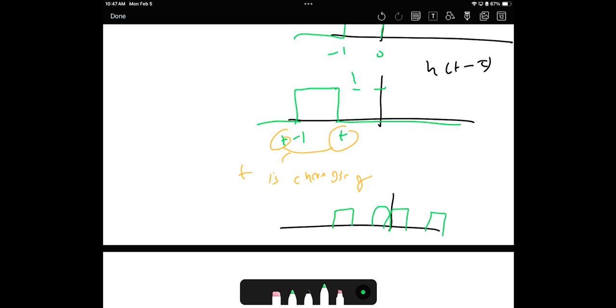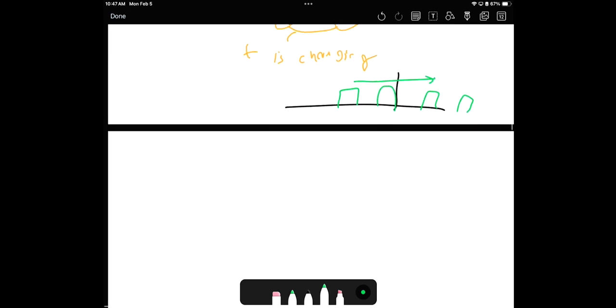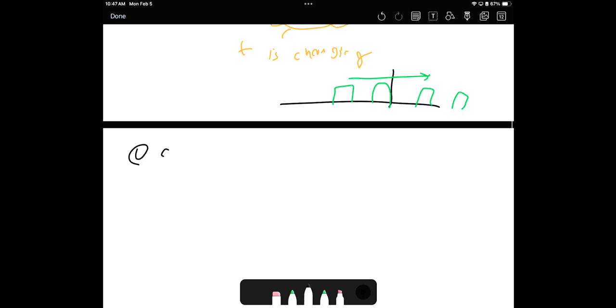It will keep moving, the same thing I showed you in the software. Only h is moving because t is changing, while x will remain as is. So let's start with case number 1.